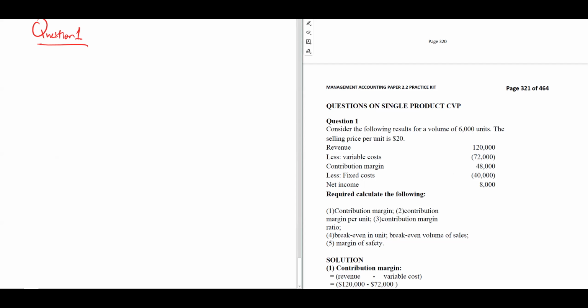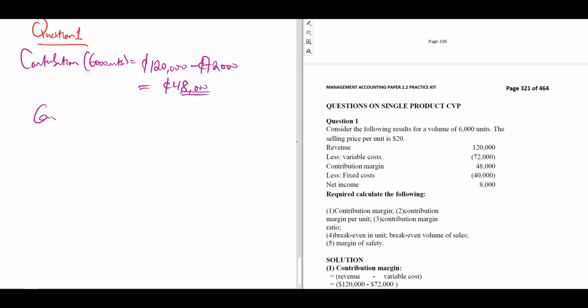How do I find contribution per unit? I can find everything per unit, and then use it to get my total contribution, or just divide by the number of units. So what was contribution in the question? Contribution for 6,000 units: selling price of 120,000 minus 72,000 results in 48,000.